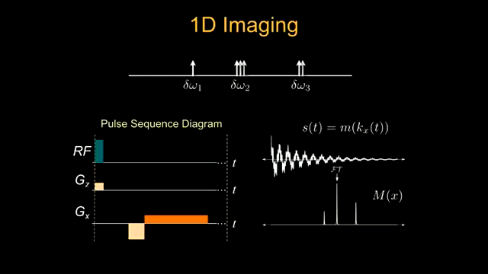This is a 1D example. In 2D, the strength will be your pixel intensity: higher signal means higher intensity, low signal means low intensity. So it becomes the pixel intensity in the 2D domain if it's 2D imaging.